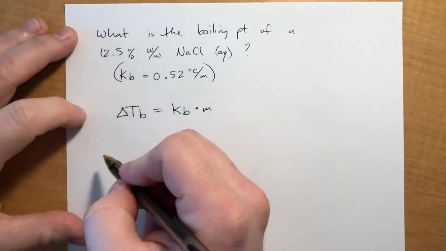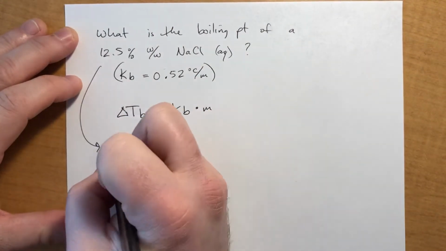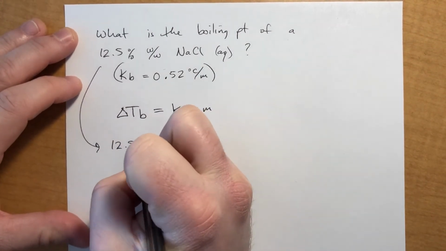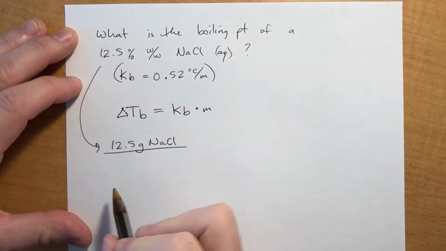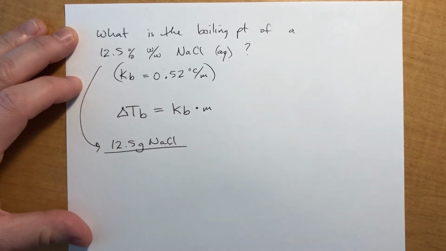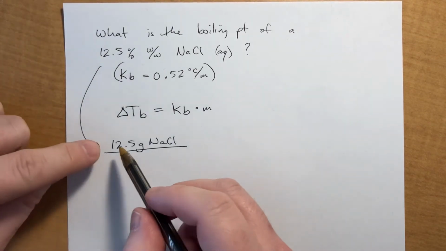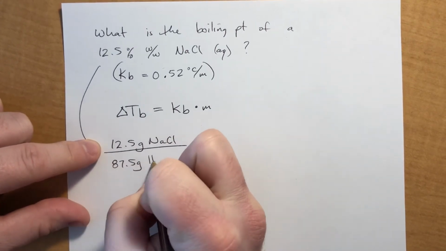I'm going to do that as a separate thing down here. So this value, 12.5 grams of sodium chloride, if we were solving for molarity, we would say we had 100 grams of solution. We want to know how many grams of water there is. So it'd be 100 minus 12.5, which is 87.5 grams of water.